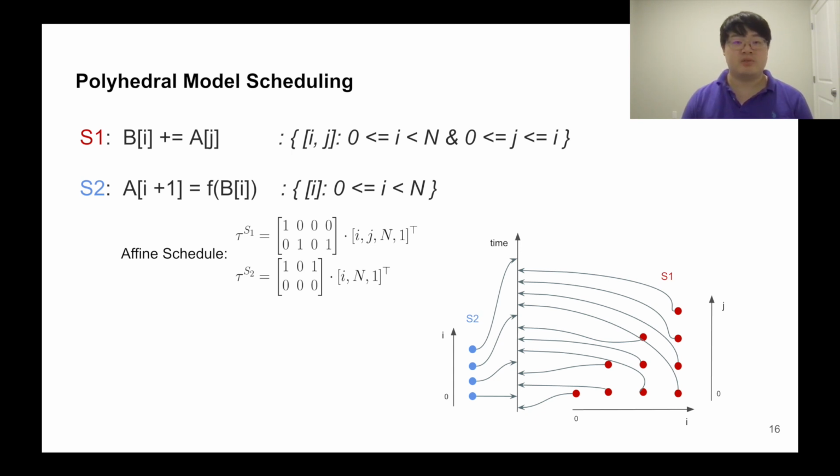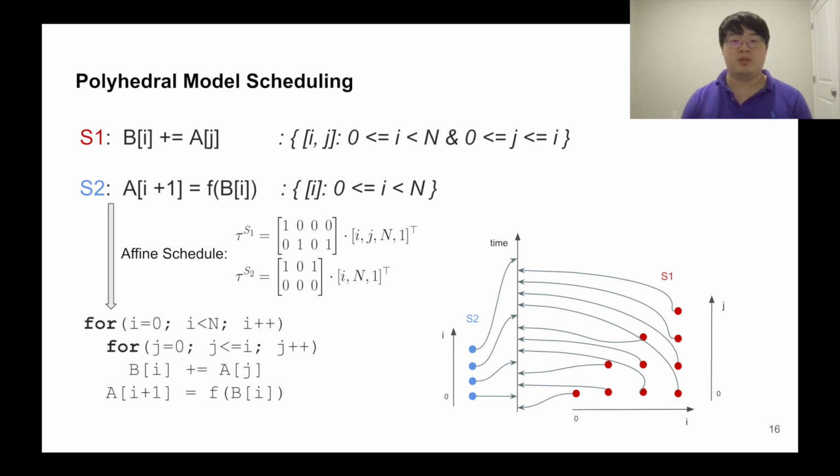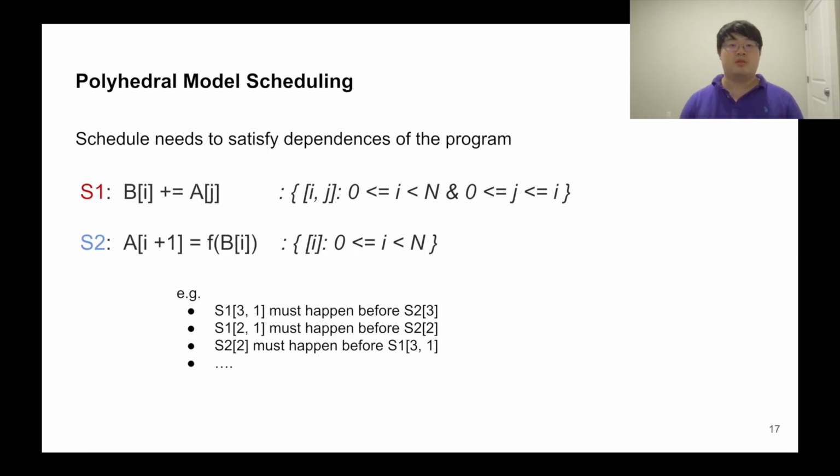After obtaining the scheduling matrices, one can perform code generation to generate loop-based code. Here's a potential generated code. You may pause to verify that it indeed matches the computation as given by the polyhedral representation. The key to scheduling is that the resulting schedule must satisfy the prescribed dependencies of the program.